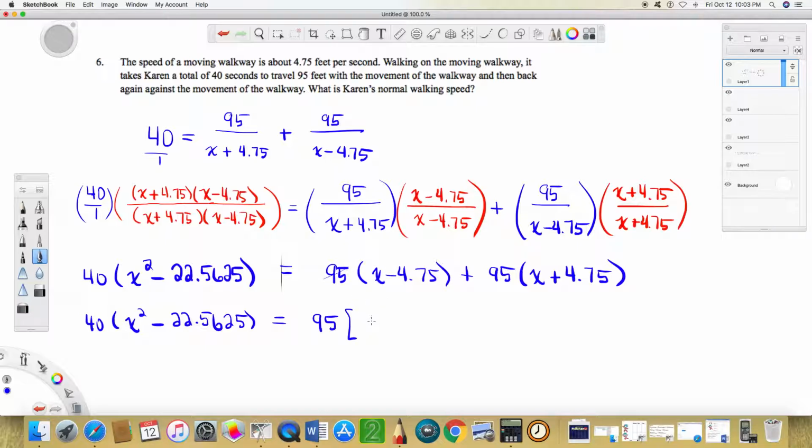If I factor it out, what I'll be left with is the x minus 4.75. 95 is common over here, so that gets factored out, and I have x plus 4.75. And you can see why I did that now to kind of help me out.